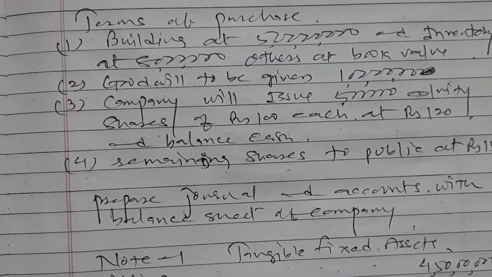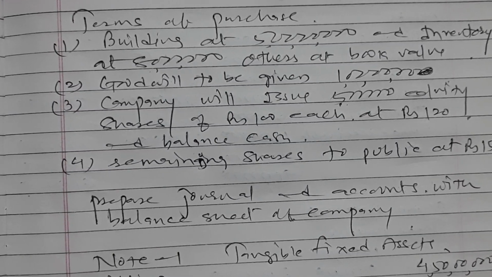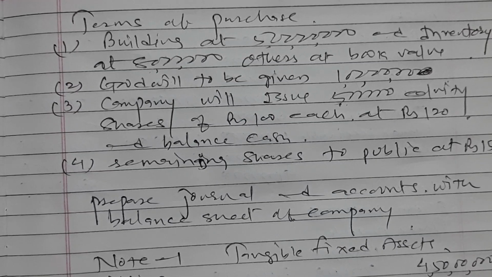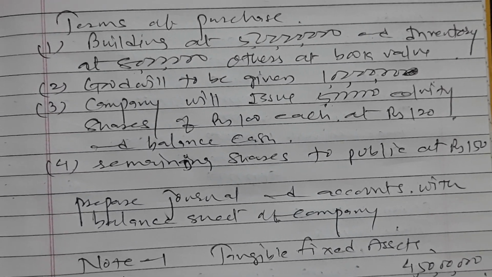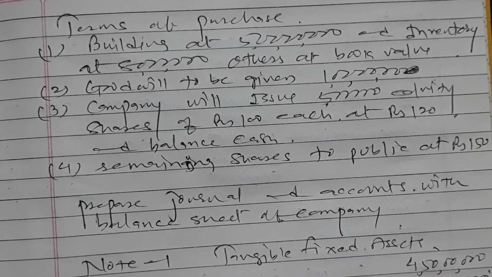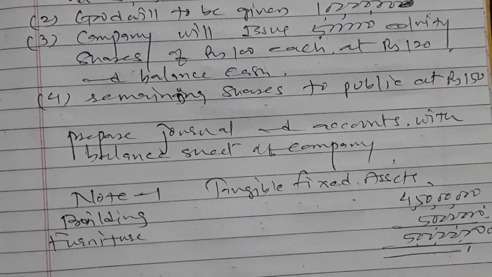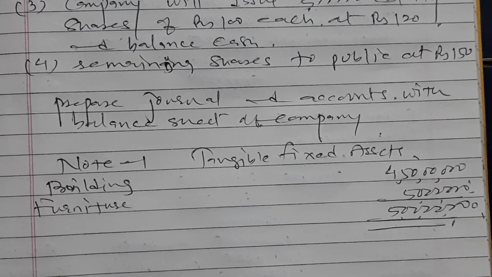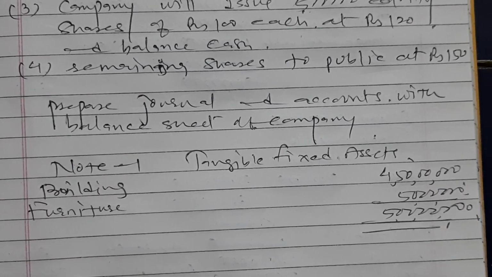Company will issue 5 lakh equity shares of ₹100 each at 120 and balance cash for purchase consideration and remaining shares to public at ₹150. Prepare journal and accounts, balance sheet of company. Under note 1, tangible fixed assets, building shows 4 crore 50 lakh and furniture 50 lakh.